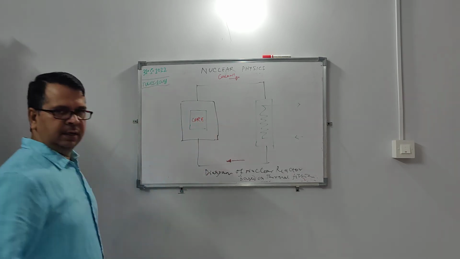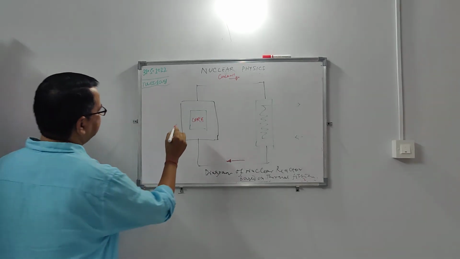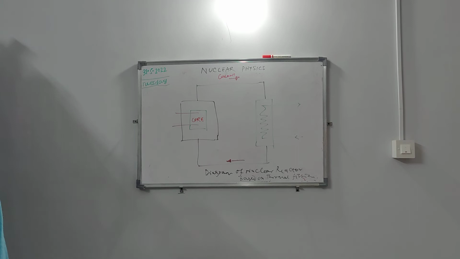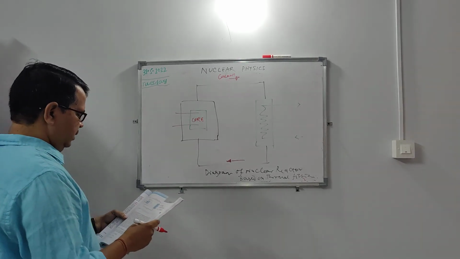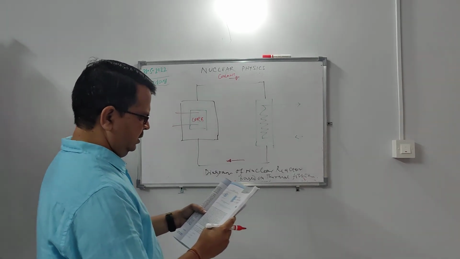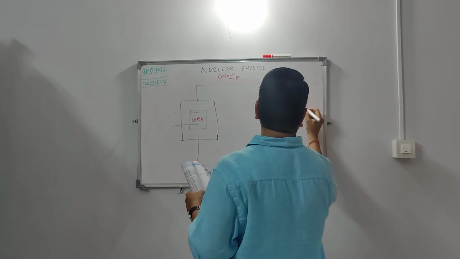This is the core of the nuclear reactor, and you will have some kind of control rods. Those control rods will decelerate the neutrons. This is your steam.